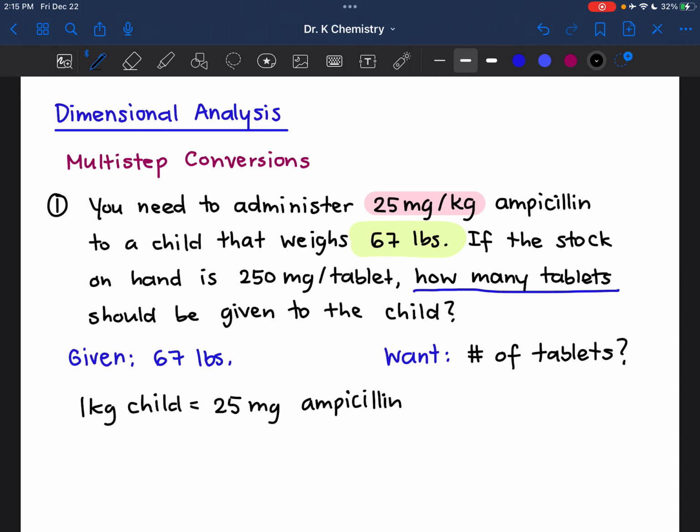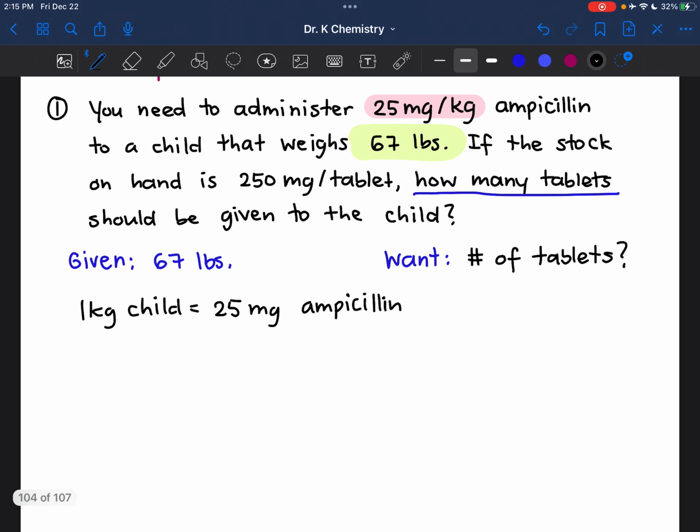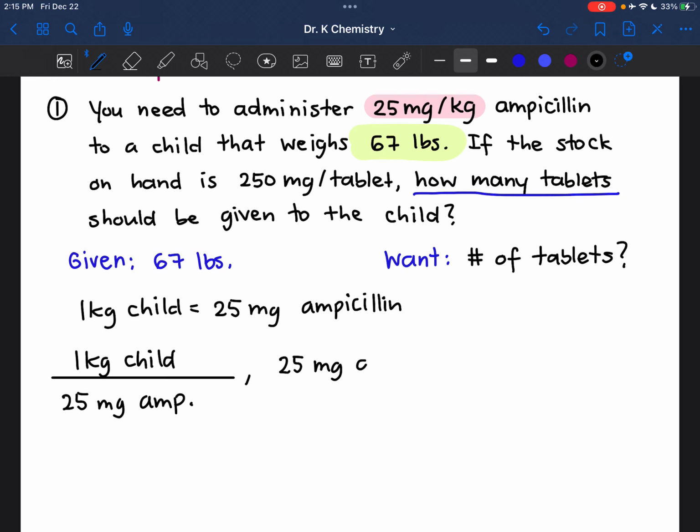So that's a conversion, right? If we need 25 milligrams per kilogram, that's a conversion. And anytime you see that, you can turn that into a conversion factor. So we could put kilograms on top, and then milligrams of the medication in the denominator. Or we could flip that upside down, like for any conversion.